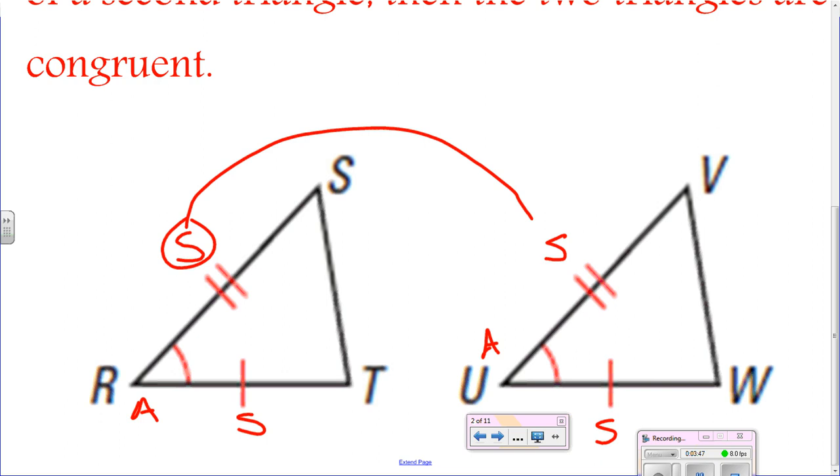So that matches up with that, and you can tell by the two markings, this matches up with this. You can tell because it's only one hoop or arc going through it, and this matches up with this. You can tell because it's only one line.